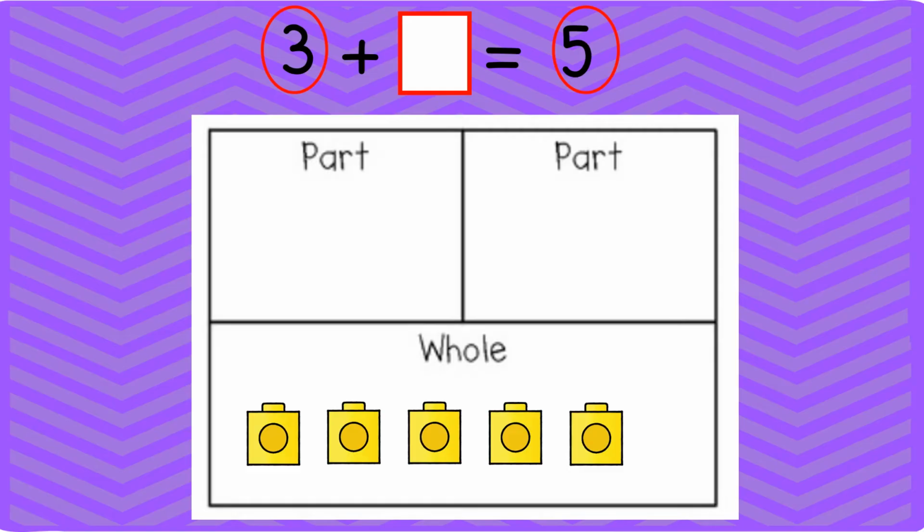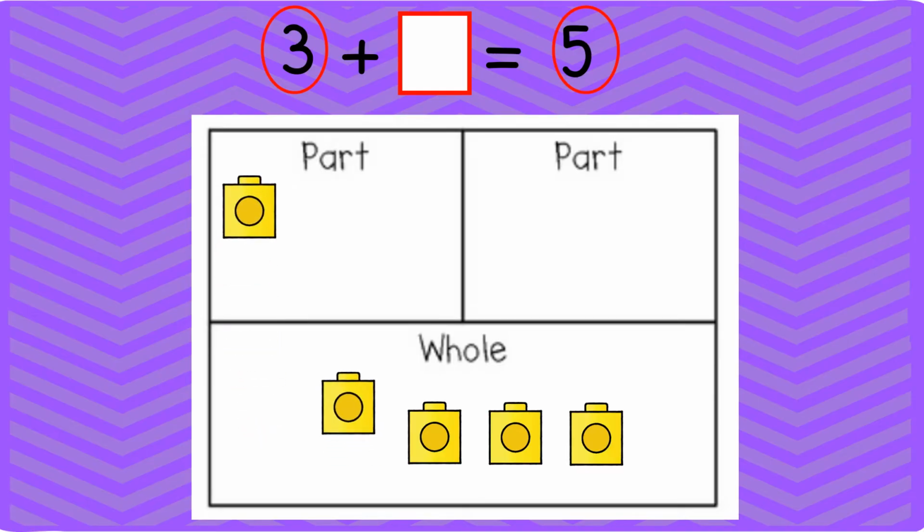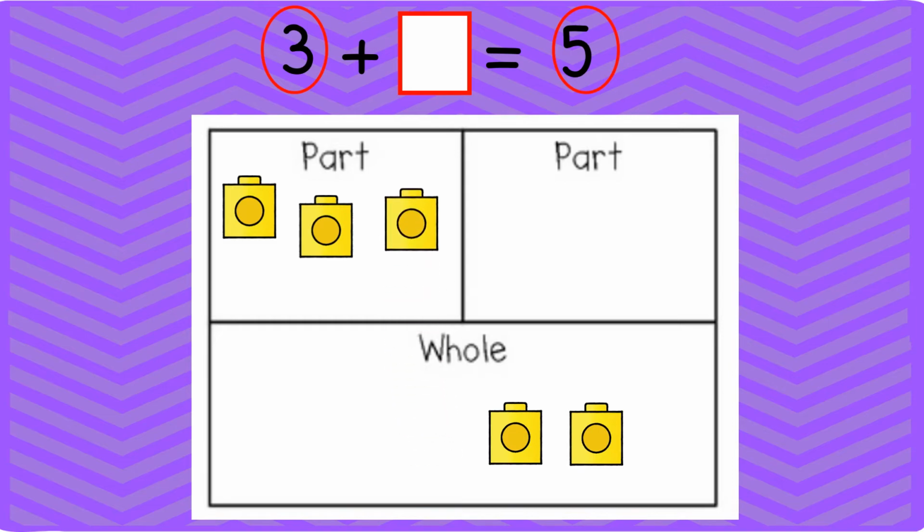So what we're going to do is move 3 of the Unifix cubes from the bottom to one of the parts. Let's go ahead and do that. We're going to move 1, 2, 3. And what do we have left?